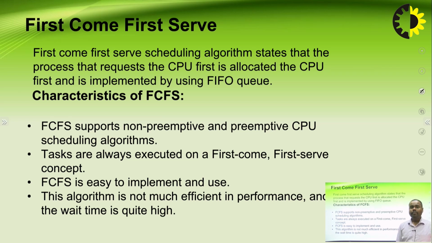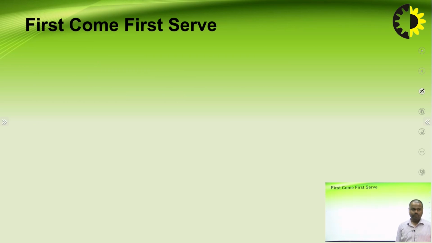If a process has a low burst time, the CPU would be idle, or the process has to wait the maximum time. So that's why this algorithm is not efficient.